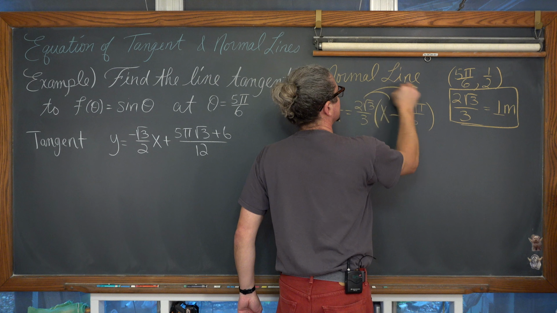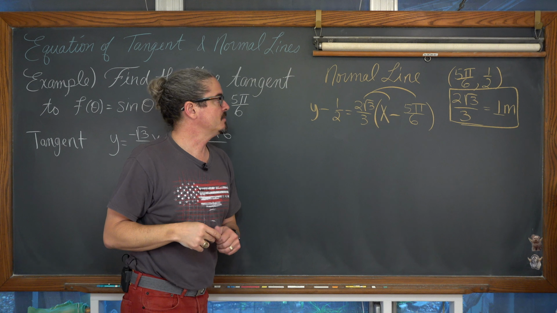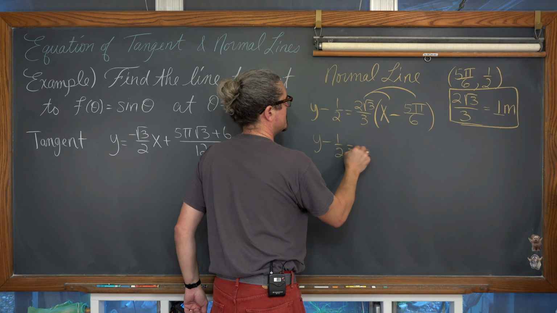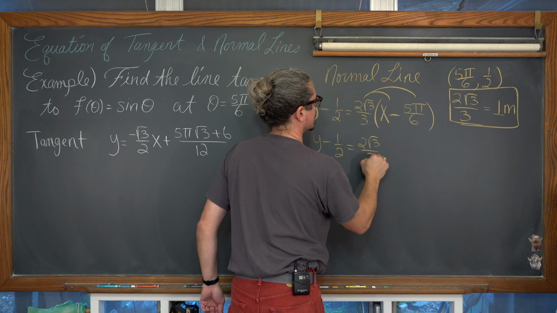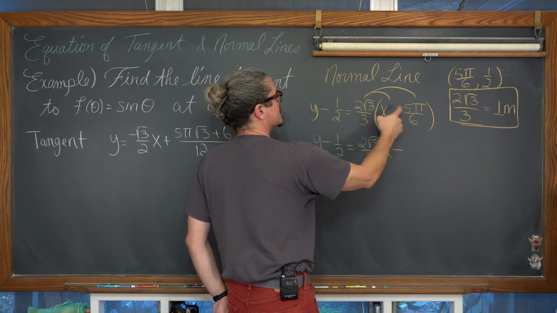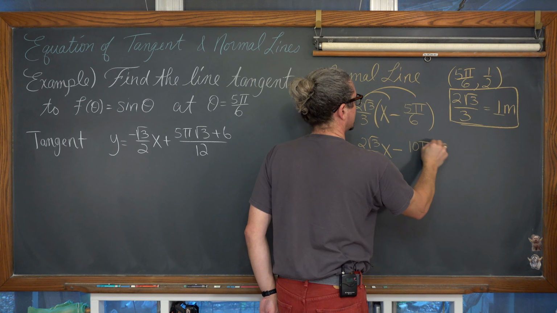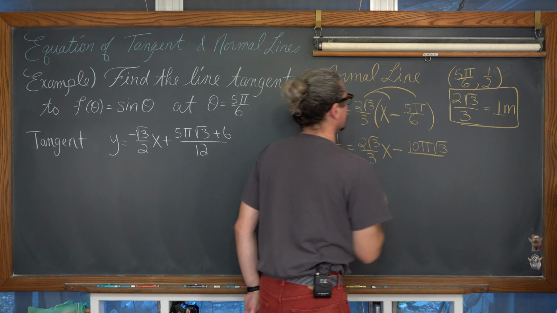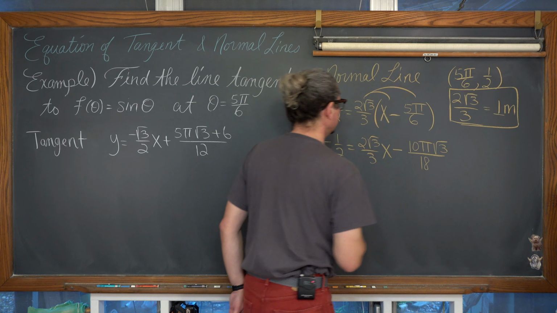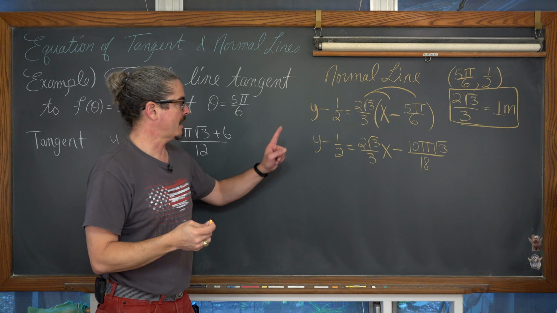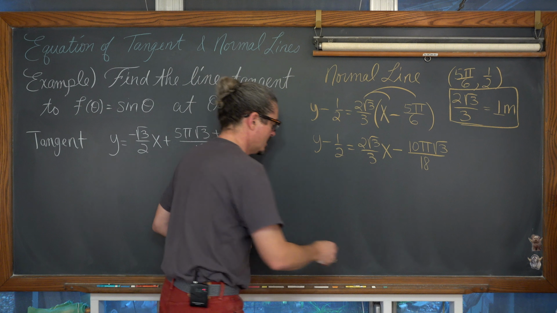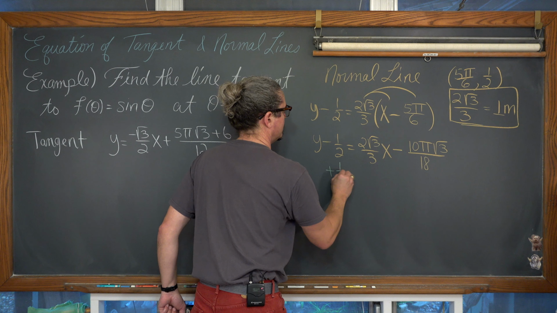We're going to distribute that slope, which is now positive 2 square root of 3 over 3, through the parentheses, yielding y minus 1/2 is equal to 2 square root of 3 over 3x minus, because of course it's positive times negative, 2 times 5 is 10, so 10 pi square root of 3 over, we've got 3 times 6 is 18. And we need to find a common denominator as we go through the process of undoing the minus 1/2 that's over here with the y. We're going to add 1/2 to both sides.